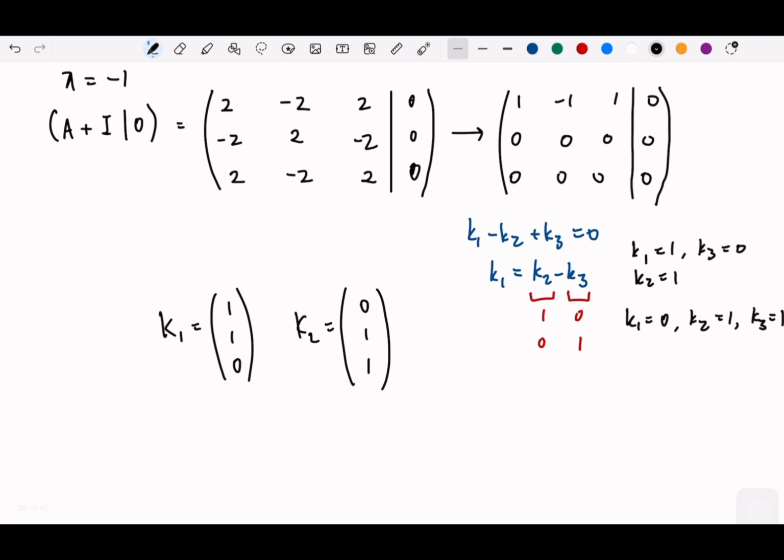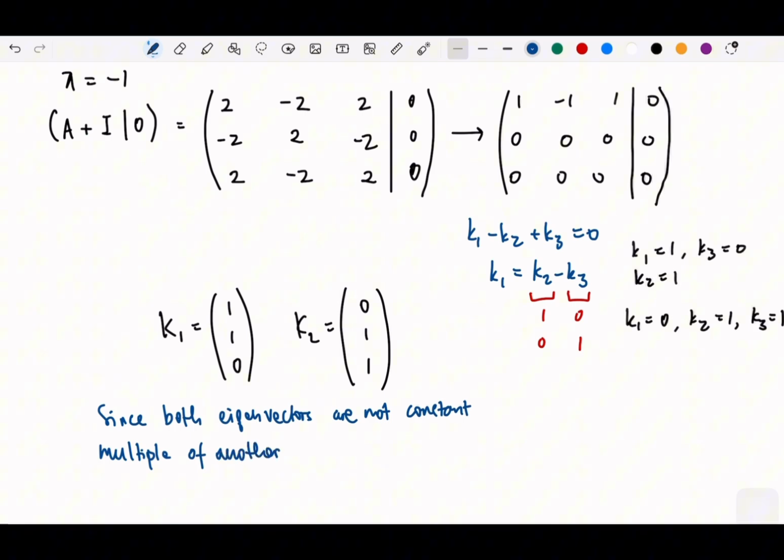Since both eigenvectors are not constant multiples of one another, we can write the solutions directly from this k1 and k2 using the same eigenvalue.